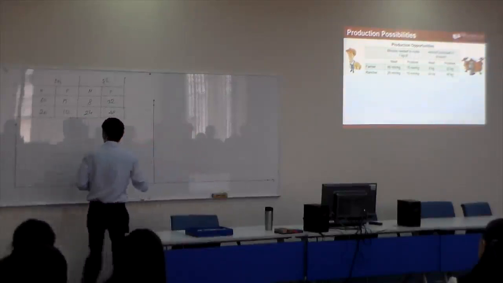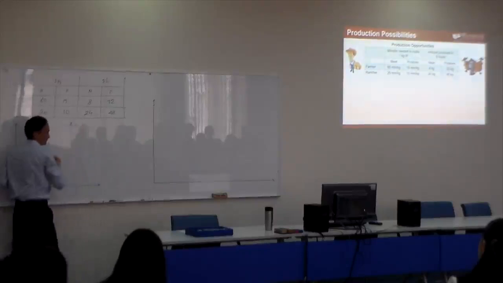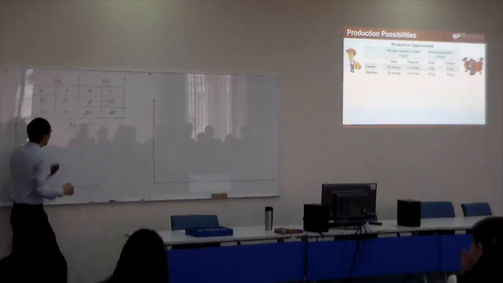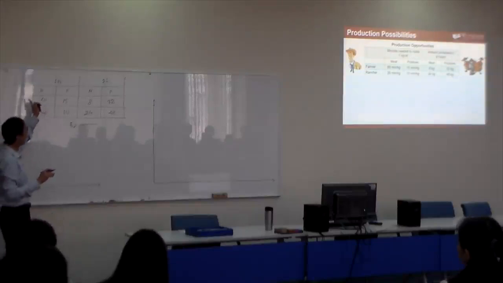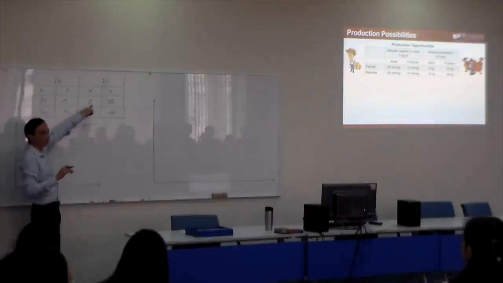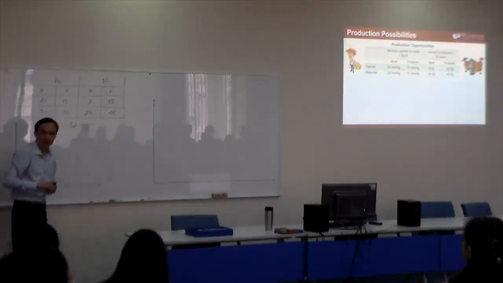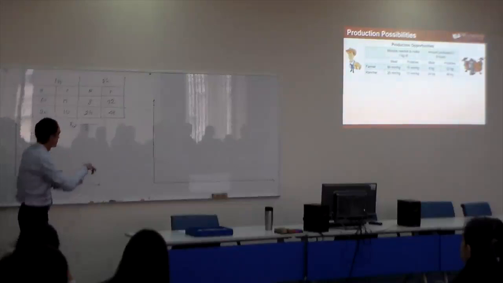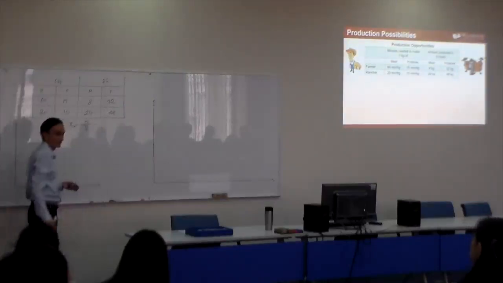For example, now we will calculate for farmer. Farmer's comparative advantage, for example. If farmer wants to produce only meat, how much meat is he able to produce? 8 kilograms, okay? And how many kilograms of potatoes should he sacrifice? 32 kilograms, right? If he spends the entire time on that, he should sacrifice 32 kilograms.